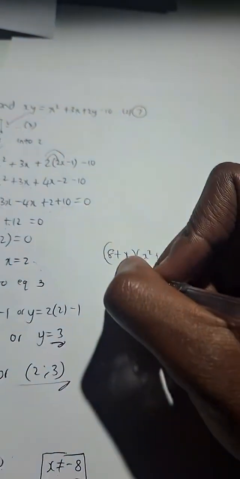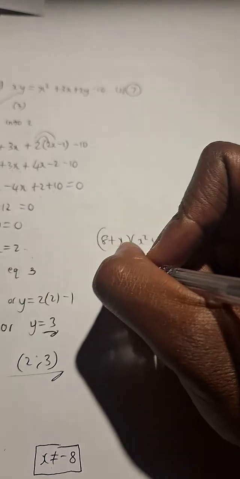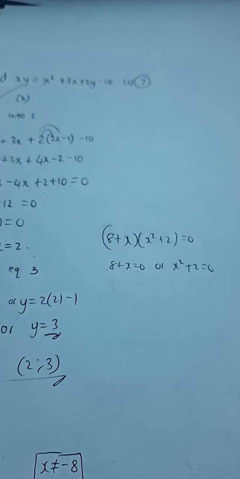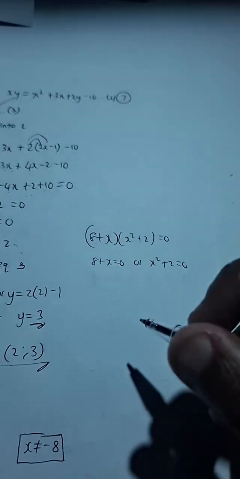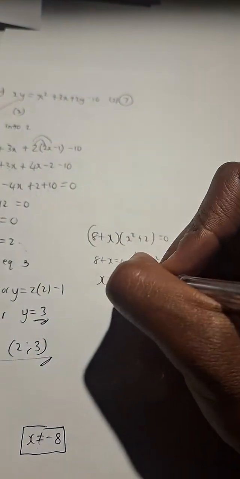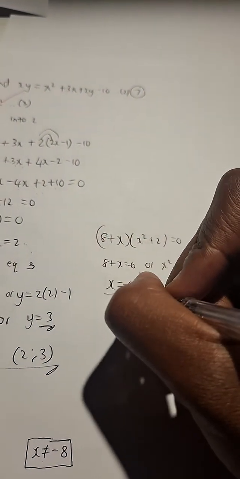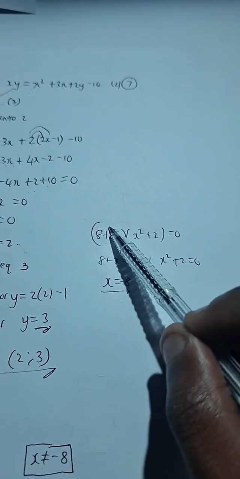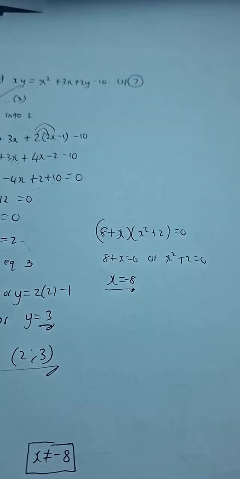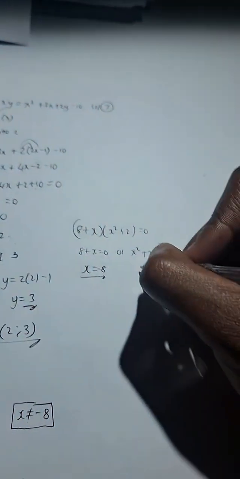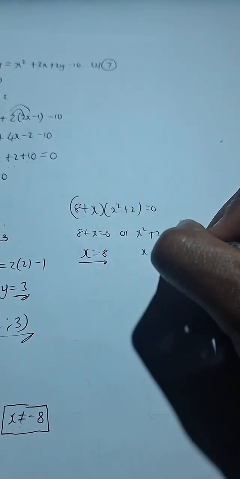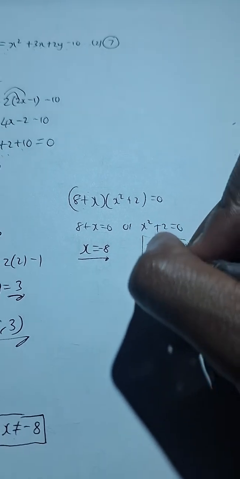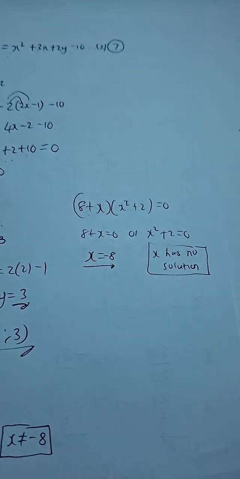All I do there is use the zero factor law. 8 plus x is equal to 0, or x squared plus 2 is equal to 0. When you solve this one, you get x is equal to -8. This -8 multiplied by that will give me 0, and 0 times all of that will give me 0. And here we just say x has no solution.